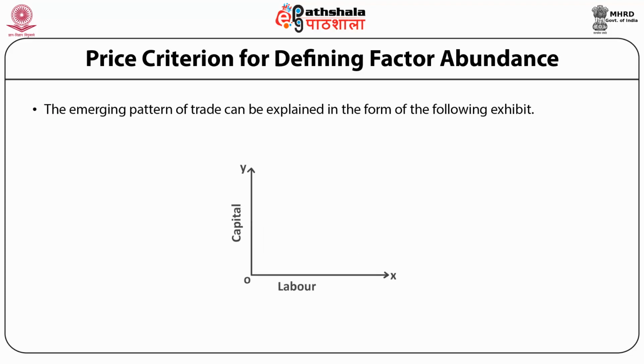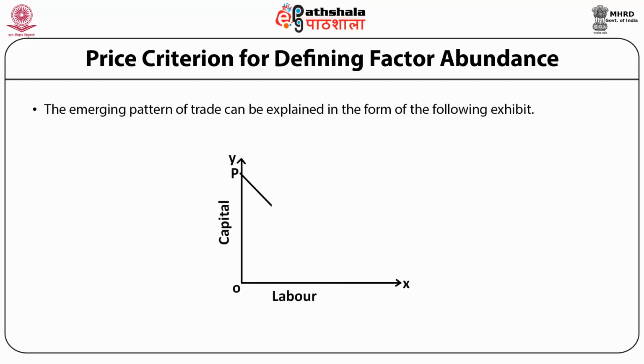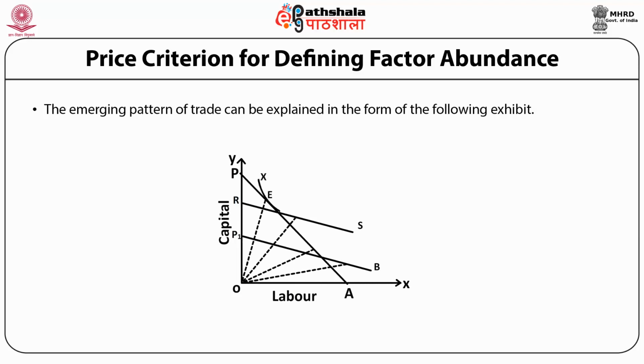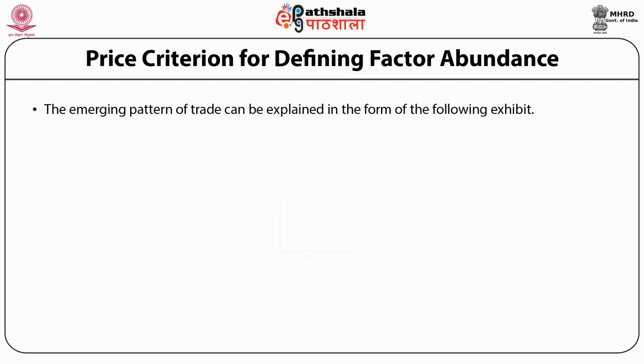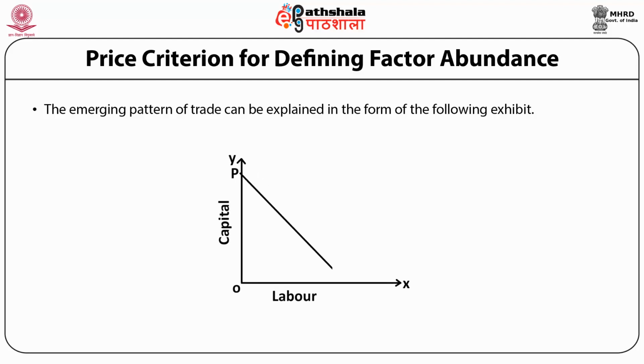In this figure, the diagram, we can see that XX is the isoquant or equal product curve for the commodity X produced in America. YY is the isoquant representing commodity Y produced in India. It is very clear that XX is relatively capital intensive while YY is relatively labor intensive.